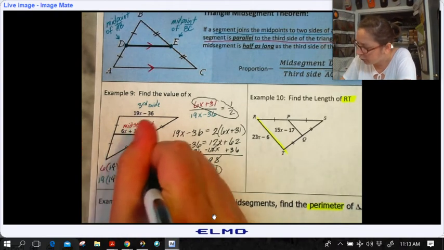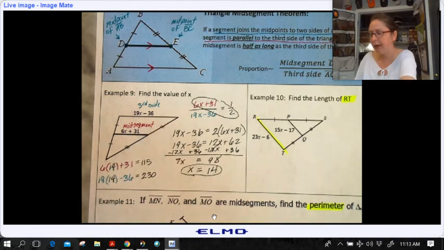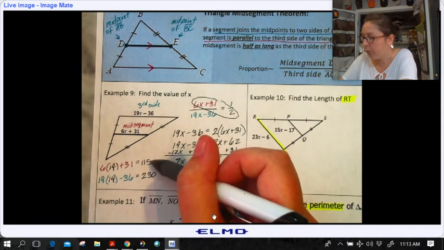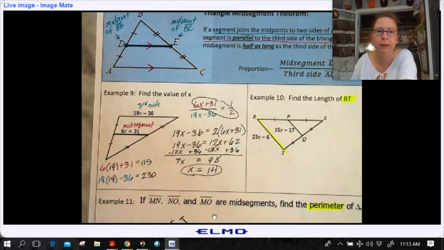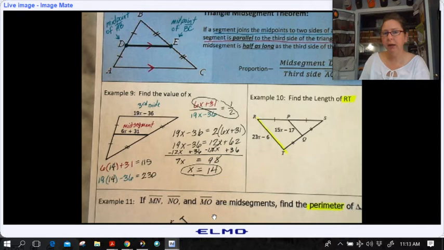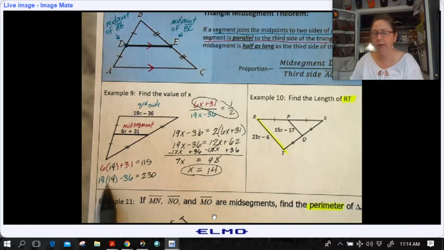And that equals 230. 230. Okay. So you can see that this is 1 to 2, because if I multiply 115 times 2, I get 230. So if they ask you for the length of either side, you just plug the value of x in, okay?